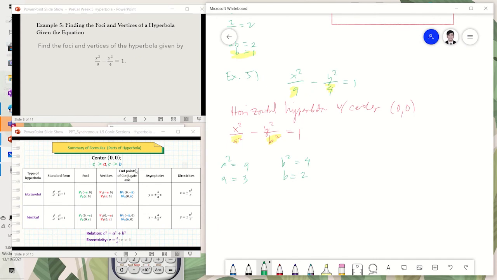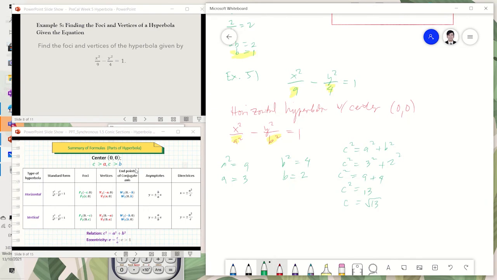Now, your concern would be the c. Use the relationship between a, b, and c. C squared is just equal to a squared plus b squared. So that would be 3 squared and this would be 2 squared. So 9 plus 4 is 13. And you need to get the square root of both sides, the square root of 13.